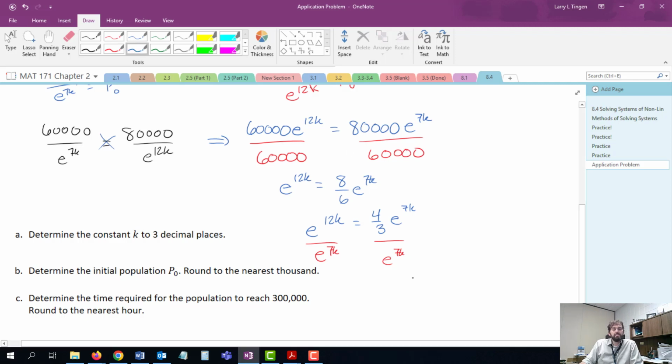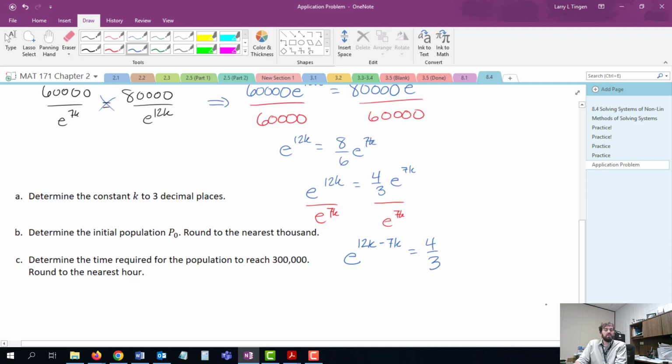And why is that making me happy? Because when I divide and I have the same base, I get to subtract the powers. e to the 12k divided by e to the 7k is the same thing as e to the 12k minus 7k, which is e to the 5k.